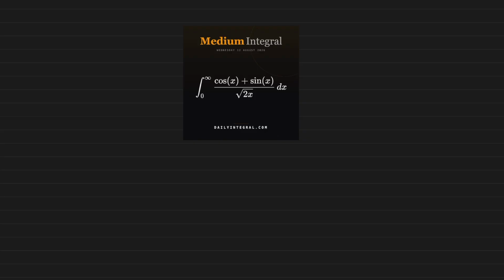So first let's deal with this root 2x here by doing the substitution t is equal to root x. So we get dt is equal to 1 over 2 root x. And so we get the integral from 0 to infinity. Our bounds aren't going to change. Cosine of t squared plus sine of t squared.